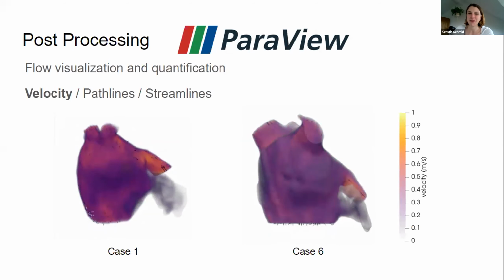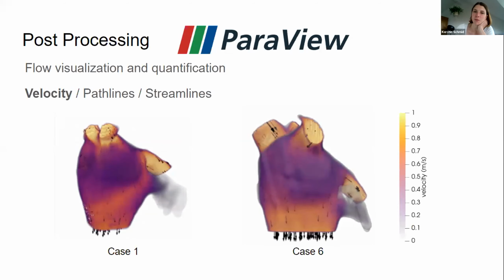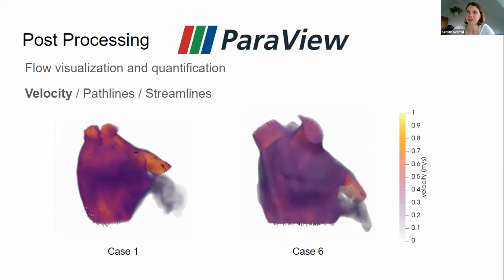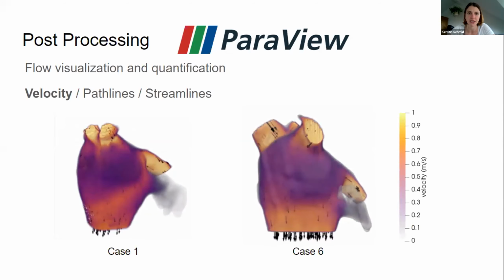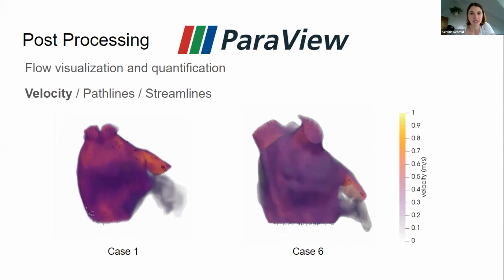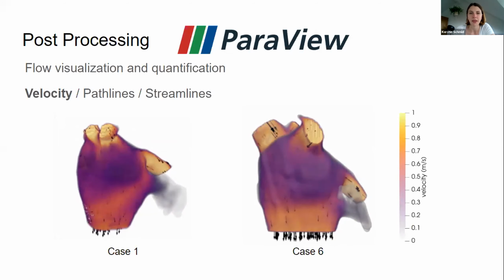Okay, so for post-processing of our simulation data, we used an open source software called ParaView. This is a very powerful application for analysis and visualization of large data sets. We had several possibilities to visualize our simulated flow inside our model.